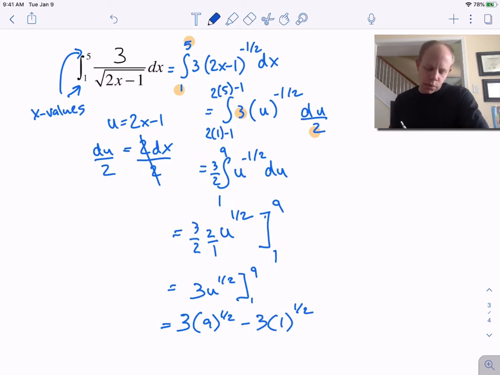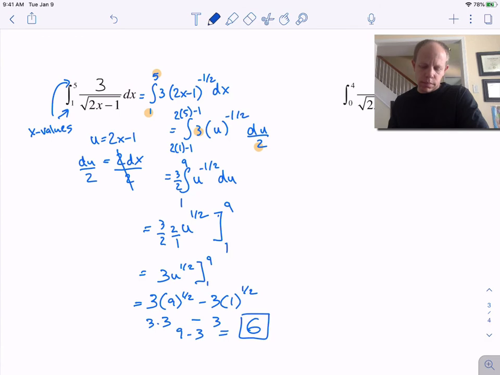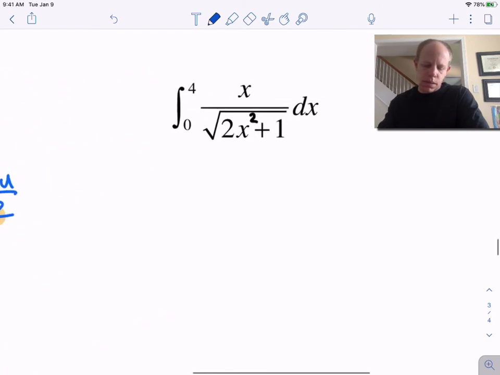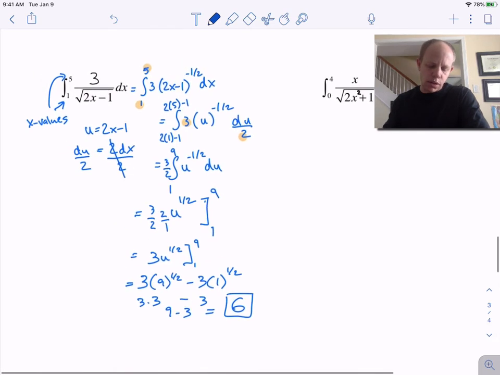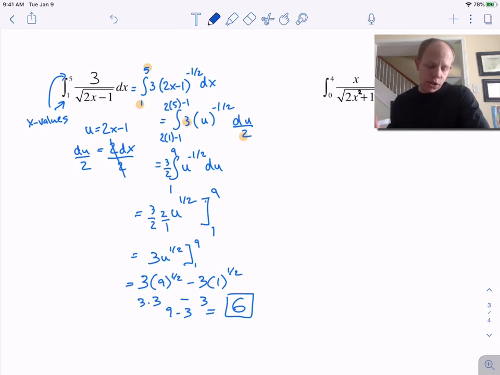Half power, square root. So this is really 3 times 3 minus 3 times 1. So we really have 9 minus 3, and we get 6. All right, so this was using a total u substitution and even changing your limits of integration into u's.